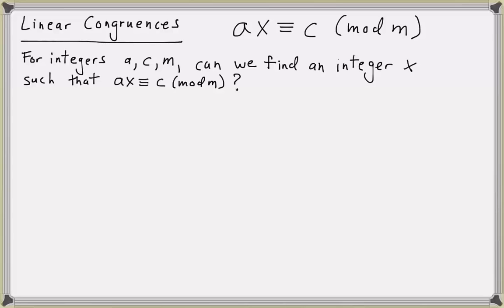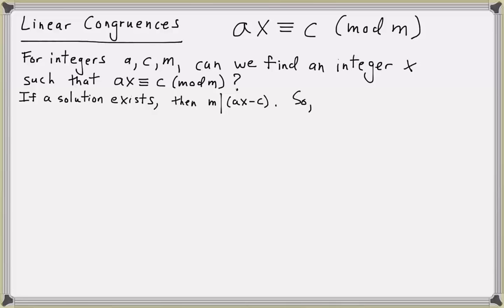Well, if there is a solution to this congruence, then m must divide ax minus c. So if a solution exists, then m divides ax minus c.